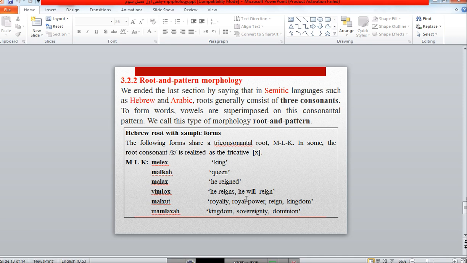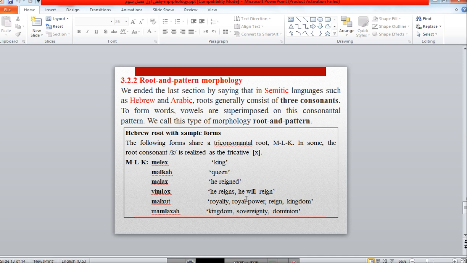So in root and pattern morphology, the root consonants in a given inflectional or derivational paradigm combine with vowels, and sometimes consonants, in a fixed pattern. It is possible to think of the consonantal root being superimposed on the template. Words of a given class typically share a single pattern.